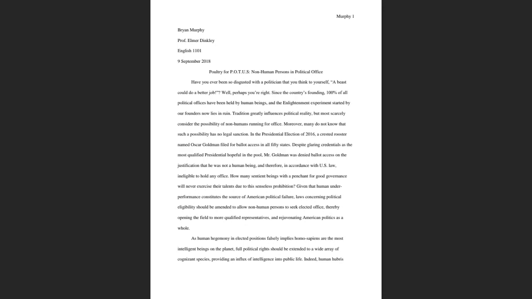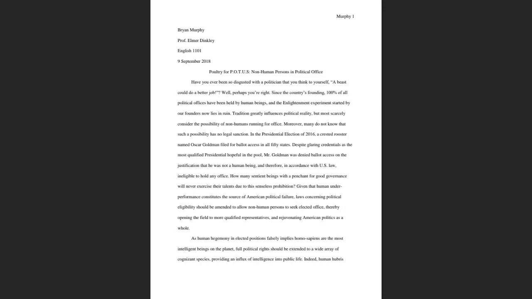So in the presidential election of 2016, a crested rooster named Oscar Goldman filed for ballot access in all 50 states. Despite glaring credentials as the most qualified presidential hopeful in the pool, Mr. Goldman was denied ballot access on the justification that he was not a human being and therefore, in accordance with U.S. law, ineligible to hold any office.